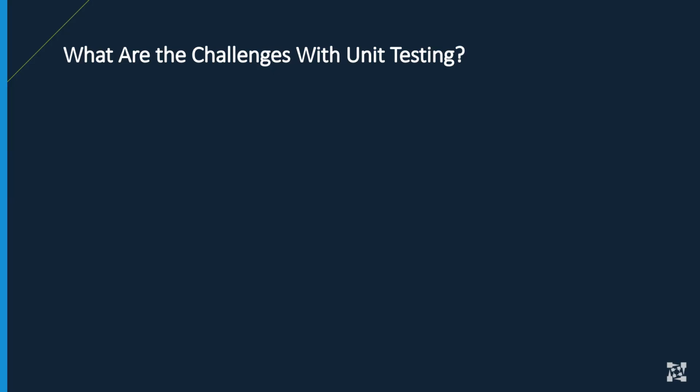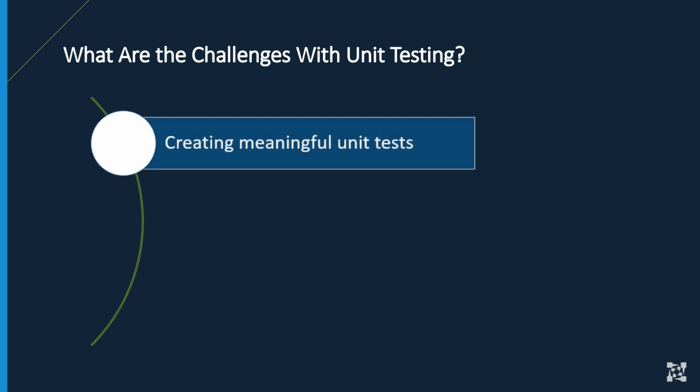But unit tests come with their own challenges, right? Number one, creating meaningful unit tests, especially when we talk about automation, which we will shortly. Unit tests have to test something, right? You don't just want to call a method and make sure that that method returns something. You're really trying to validate the logic of the unit.